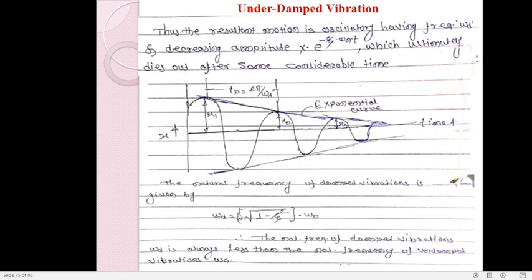The relation between them is omega d equals square root of 1 minus xi square into omega n. Therefore, we can easily understand from this equation that the natural frequency of damped vibration is always less than the natural frequency of undamped vibrations. Thank you.